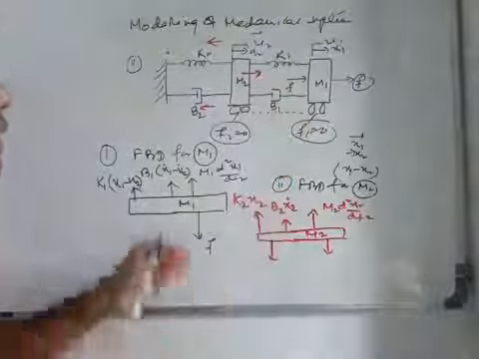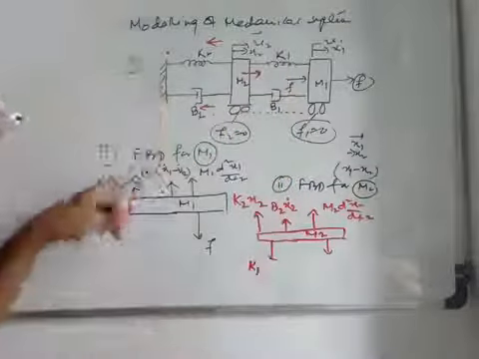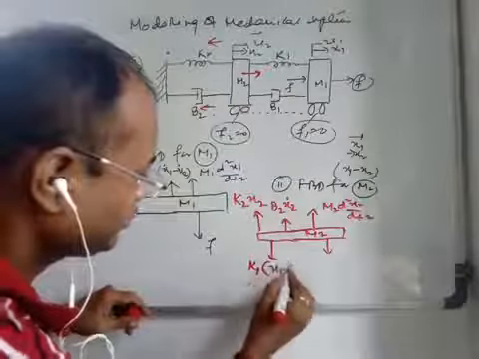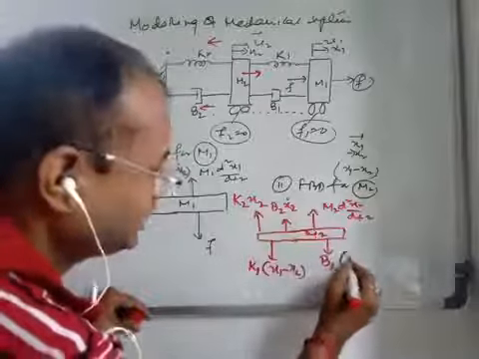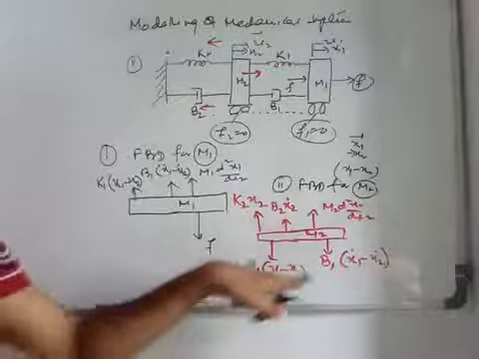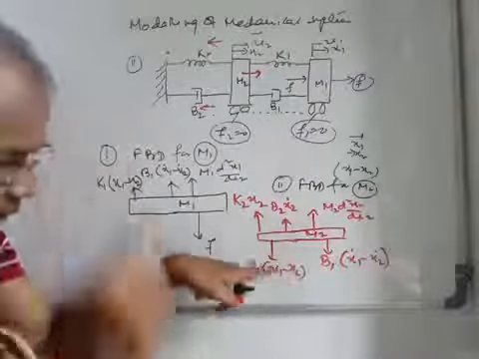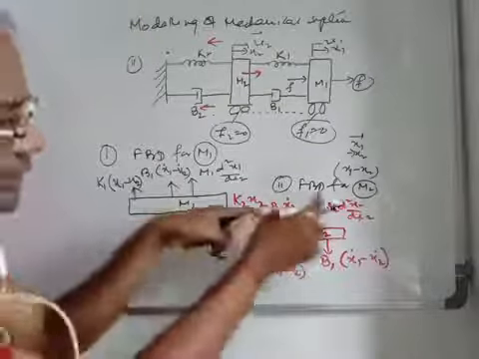So these are the two forces, k1 (x1 minus x2) and b1 (x1 dot minus x2 dot). They are the resulting forces. So once these forces act, corresponding to that, this is the opposition force.